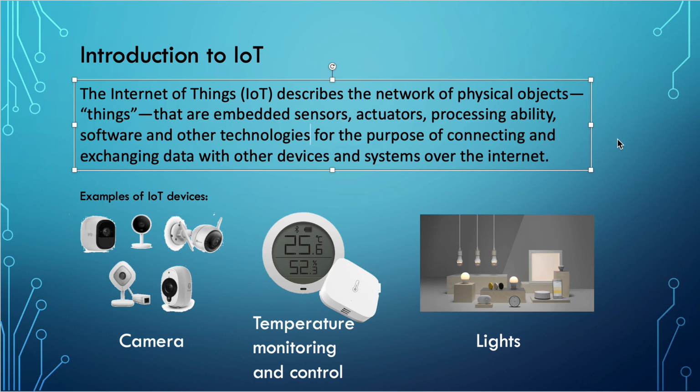That makes Internet of Things. Right now we talked about a network of physical objects which have embedded sensors, actuators and processing ability, software and those things. Up to this point, we looked at examples.